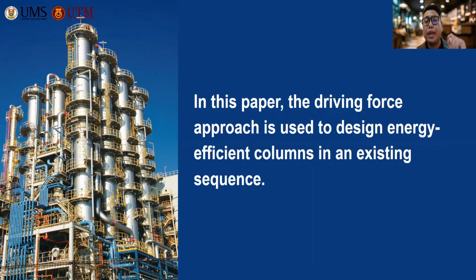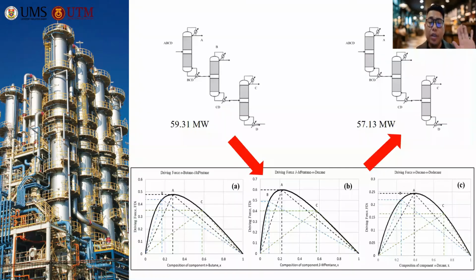However, we redesign the columns based on the driving force curve. How do we do that? We will explain one by one. This is the rough, brief idea. We have the existing sequence and we simulated it, and we have about 59.31 megawatt energy requirement. And after that, we redesigned the individual columns.